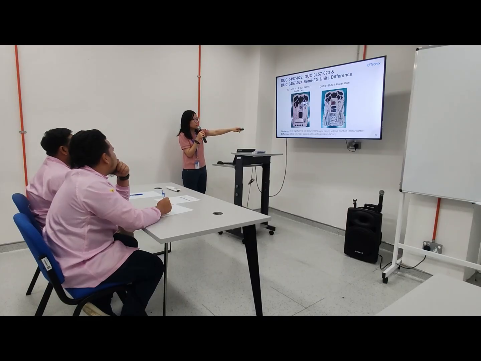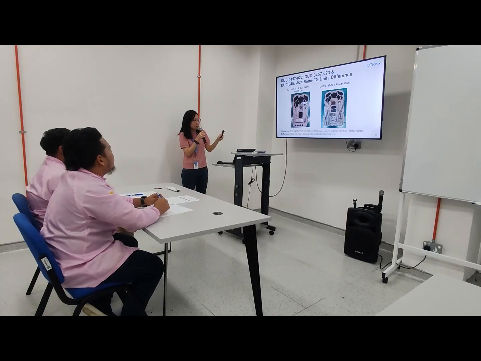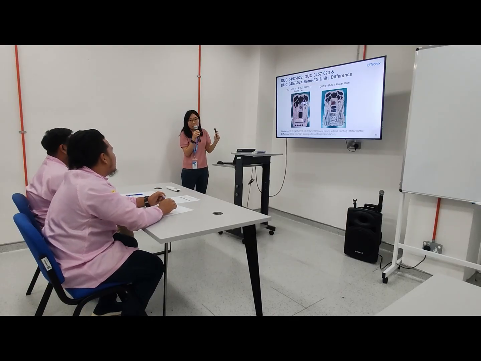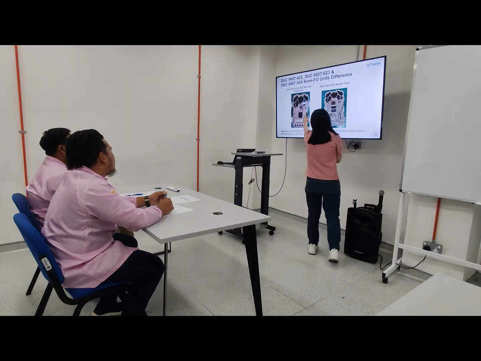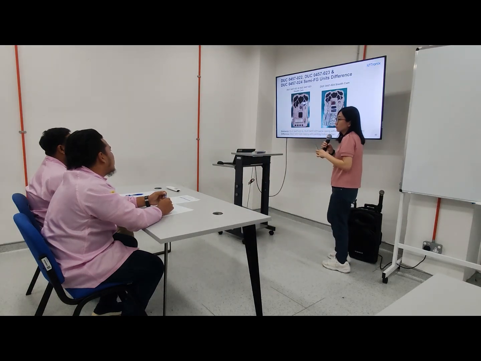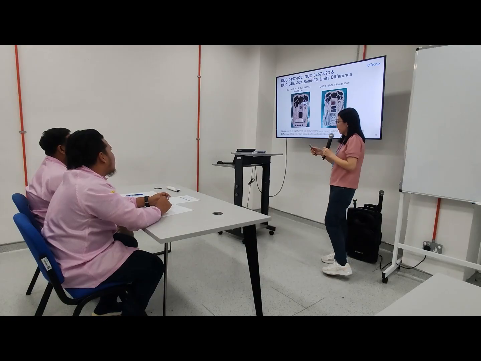The casing is the same for 022 and 023, same casing but without painting. So the color is lighter. But for 024 is with painting. So the color is darker. Can see from the diagram, right? This one no painting, this one got painting. Okay? Clear?